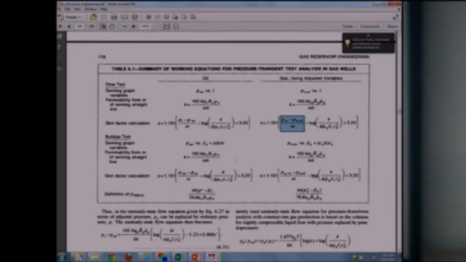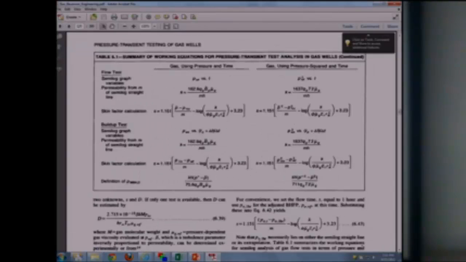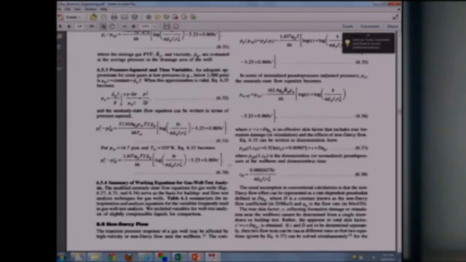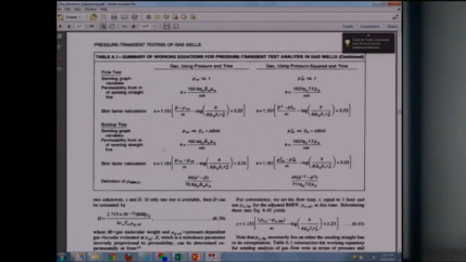This is table 6.1, I think it gets continued. The other thing is, it's P sub i minus P sub 1 hour over the slope on a drawdown, and on a buildup, it's P sub 1 hour minus P wf.